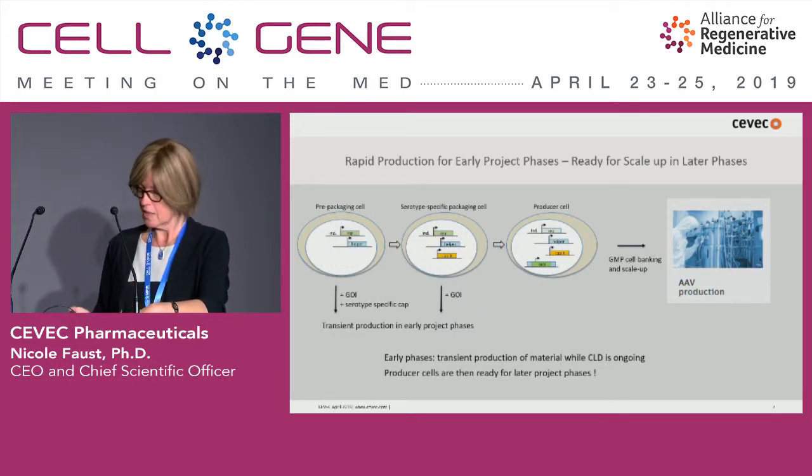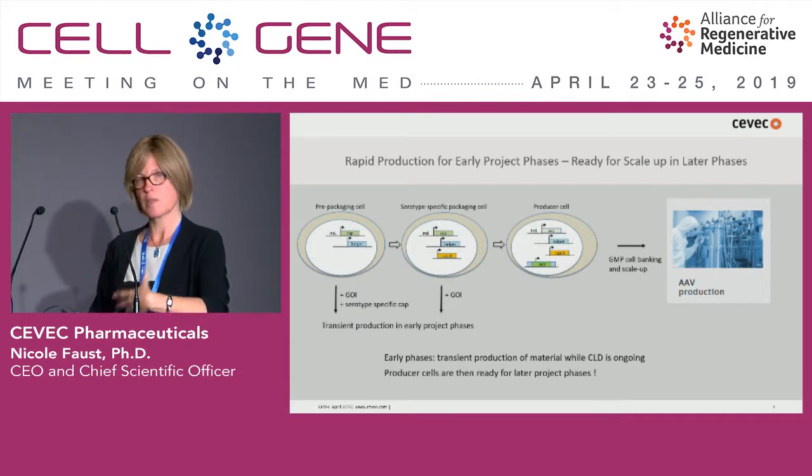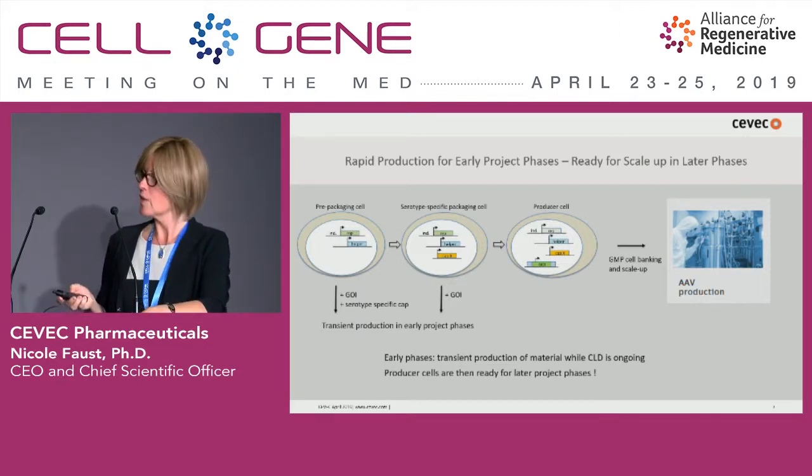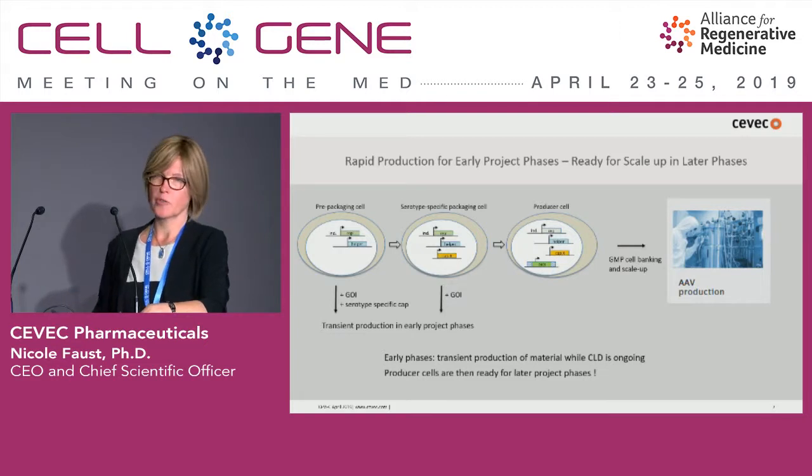The way we address this is that during the time the cell line development is taking place, that is the cell line development itself, plus stability tests, plus GMP banking of the cells, we can do initial production runs at smaller scale, even at GMP quality if required, by transiently transfecting in the gene of interest and the cap genes, or if the respective serotype-specific packaging cell line is available, by transfecting just the gene of interest to produce material for early phases.